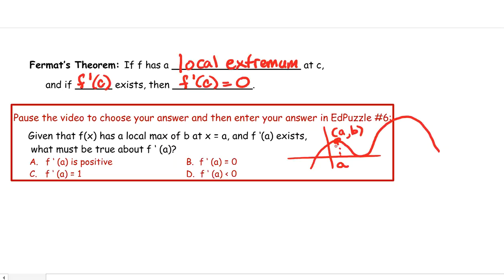Well, what's the only thing that can happen if f prime of a exists? Then it's got to be a smooth turning point, not a corner, and not a discontinuity. So the only way that we can have a local maximum where the derivative exists is if the derivative is equal to 0, choice B. And I think that will do it for now.